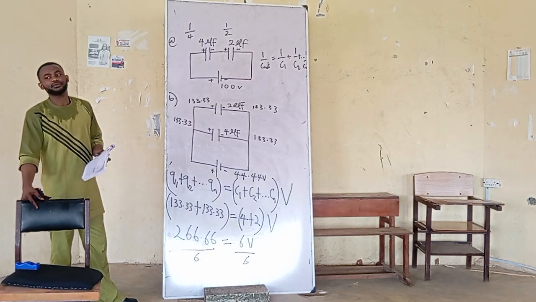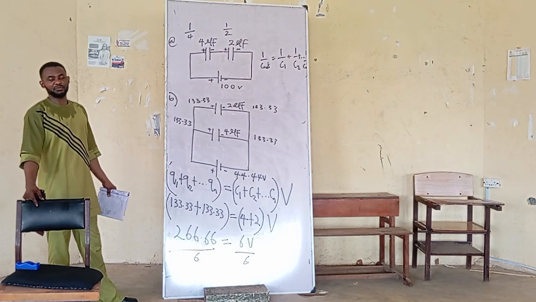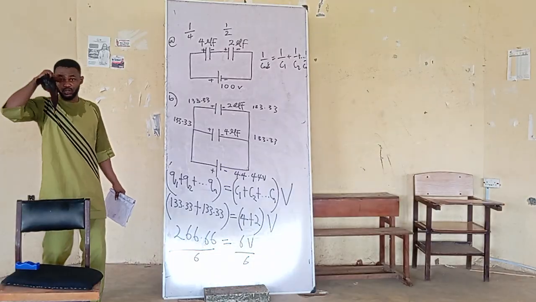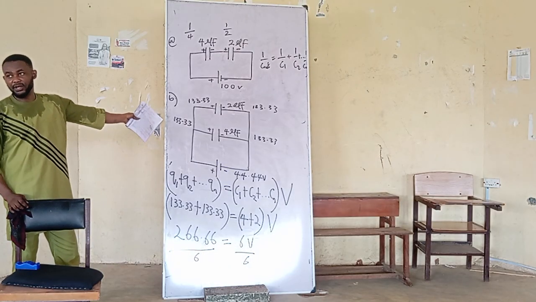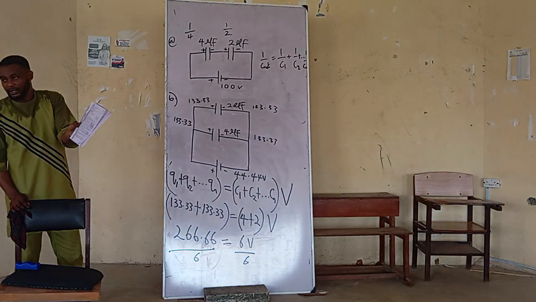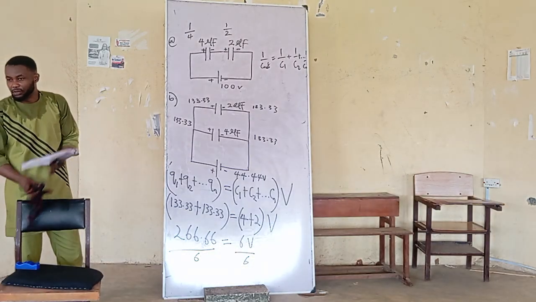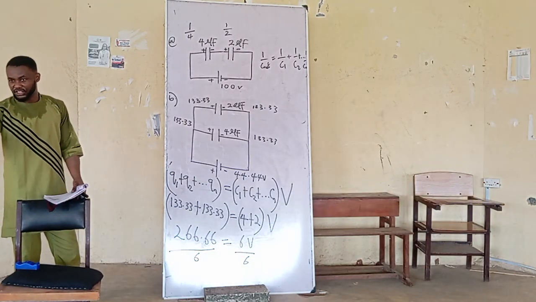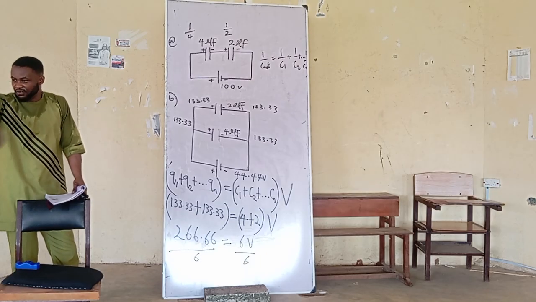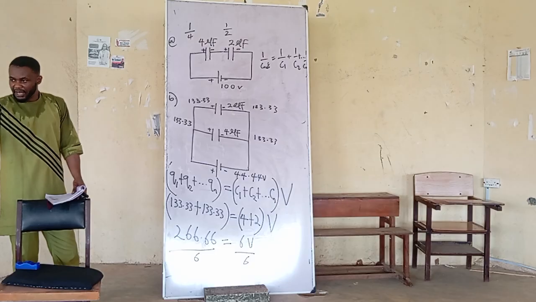Somebody will then want to ask me, how will you be doing all these things? That is why it looks as if in secondary school this topic is one kind. Because if you are focusing directly on what you are asked, without the concept of knowing that you should be thinking of how to find charge, capacitance, and voltage before looking to see if you can get each of them, you will be having issues.